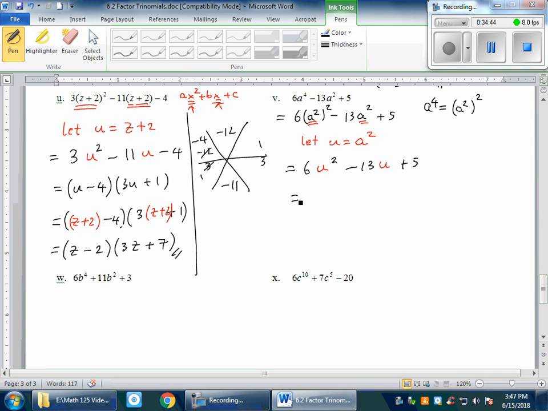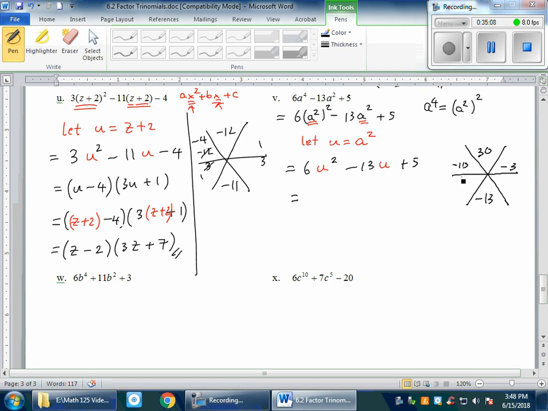So using the technique to factor, a times c, which is 6 times 5 is 30, and we want b negative 13. So in this case, we need numbers that multiply to get positive 30 and then add to get negative 13. It must be negative 10 and negative 3.